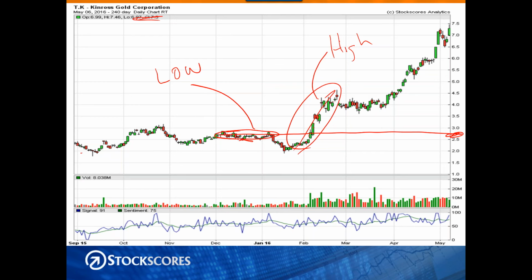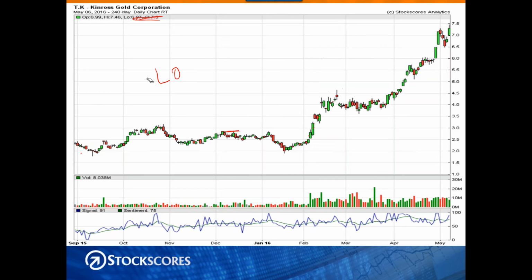When a stock is trading in a narrow sideways range, it means that investors really agree on what that stock is worth. All right, so if we are in a narrow sideways range, like we had right here, then the buyers and sellers agree about what the company is worth.